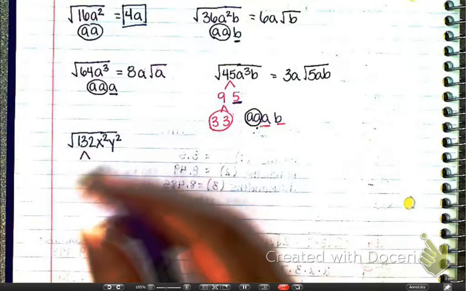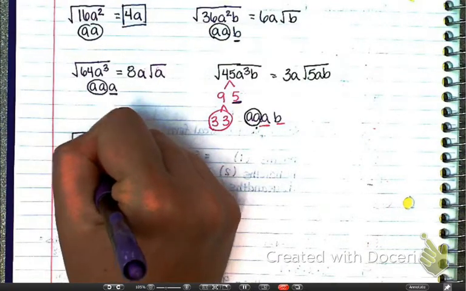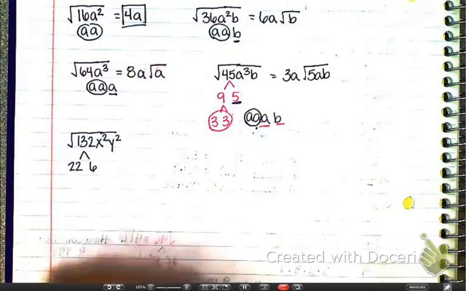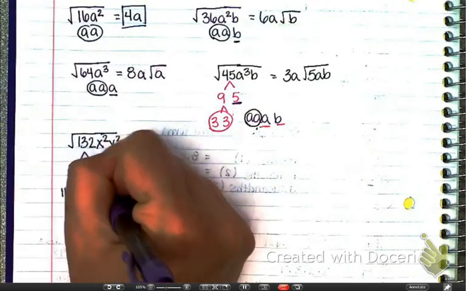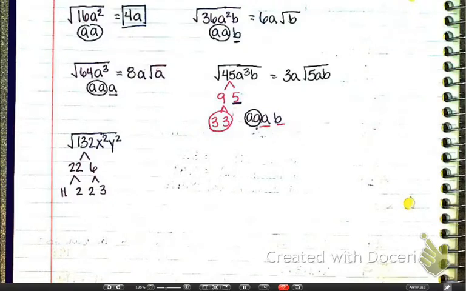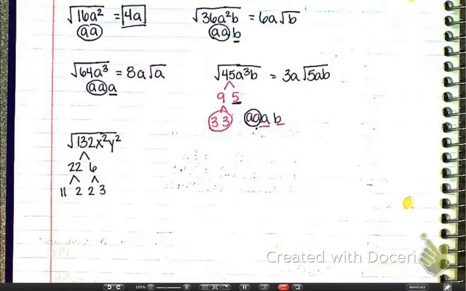Okay, I'm going to stop you real quick. Did anyone use something other than 22 and 6 to start? McKenna, what'd you use? 66 and 2? 33 and 4? 12 and 11?